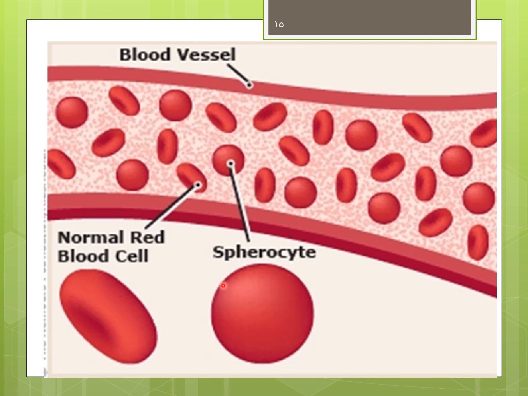That is why it is called a spherocyte. And this spherical shape cannot be squeezed inside the small capillaries in the spleen, so these RBCs will have a shorter lifespan and will be destroyed.